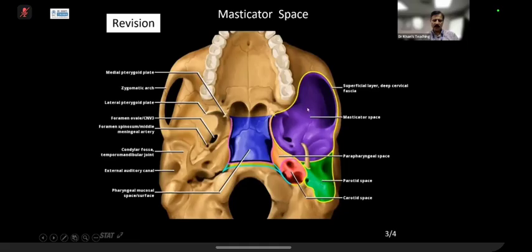You remember that the masticator space goes to the skull base and it touches the foramen ovale here. The parotid space, of course, this is the stylomastoid foramen through which the facial nerve comes out. The jugular foramen, it is in continuity with the carotid space. We have sort of covered this, but the space in more detail, we will see it next time.